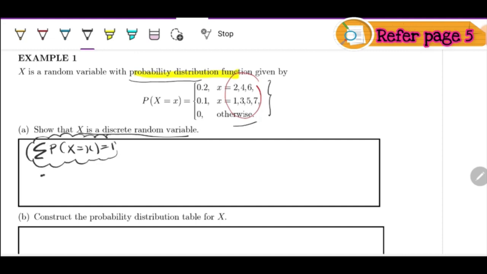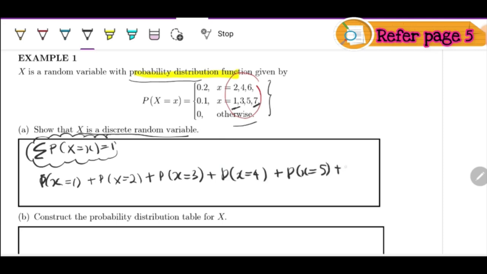So, we start from x equals 1 until x equals 7. So, P(X=1) plus P(X=2) plus P(X=3) plus P(X=4) plus P(X=5) plus P(X=6) plus P(X=7).